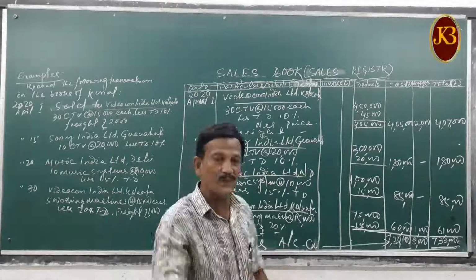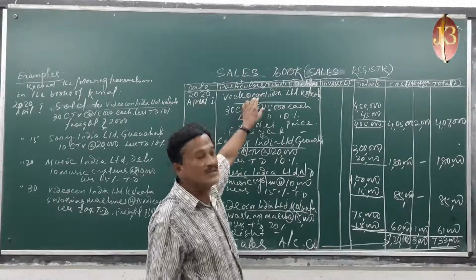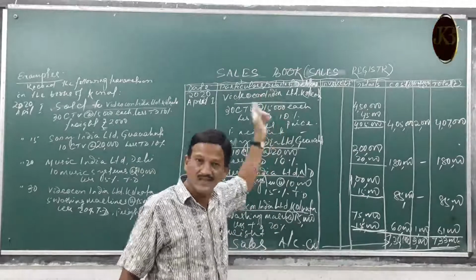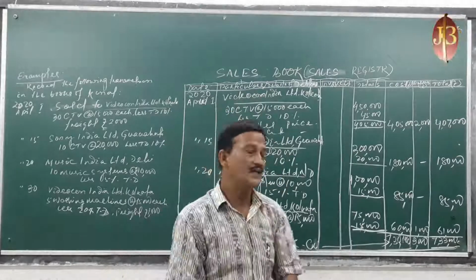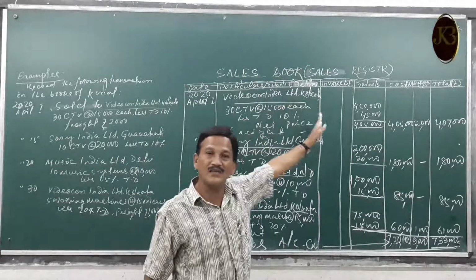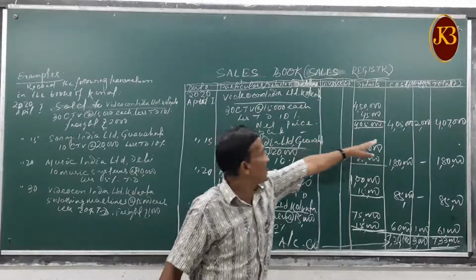When you prepare the debtors account, since the sales account is credited, the debtors accounts are debited. So on the debtors account debit side, first April 1st, Videocon India Limited, Kolkata, on the debit side you write to sales account 4,05,000.